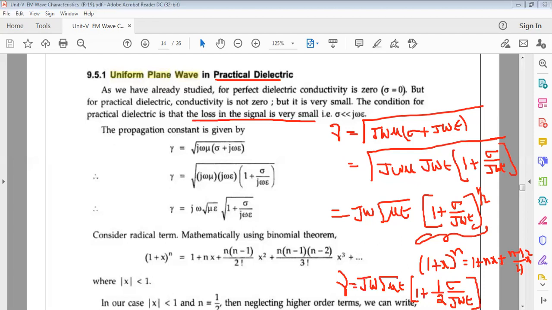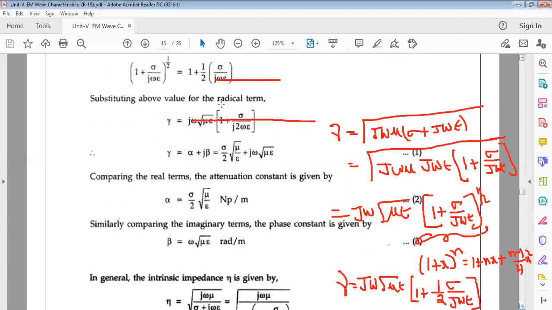Okay, so simplify the expression here. See, j omega under root of mu epsilon, 1 plus sigma by j omega epsilon whole power 1 by 2, can be written as 1 plus 1 by 2 sigma by j omega epsilon.